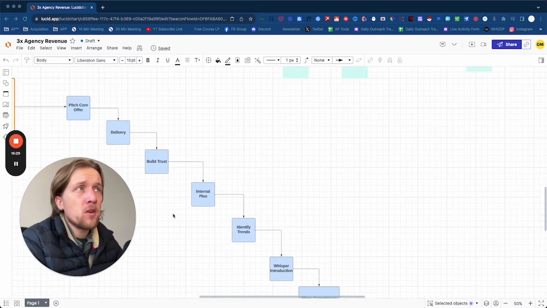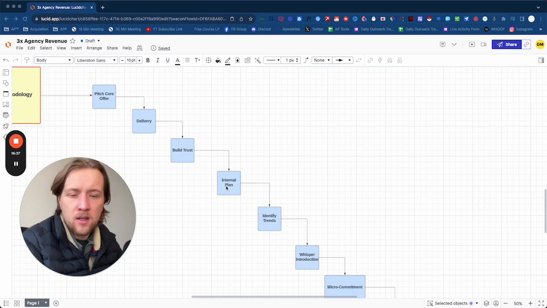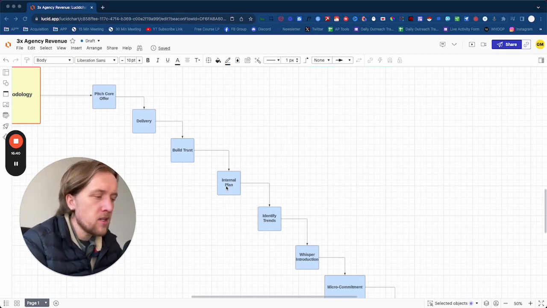Okay, what you want to do from there, and probably before this, at the start, we do this internally, is build an internal plan that maps out that client's journey. You might know that within your agency you typically work with clients on an average of a 12-month basis.